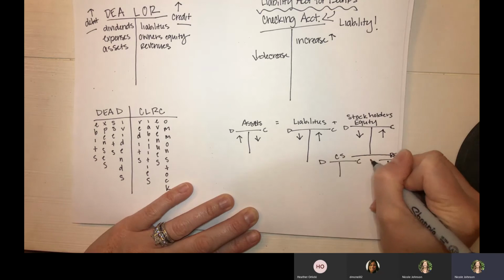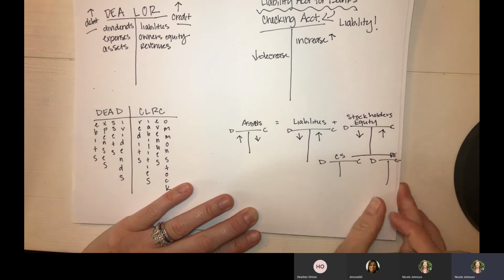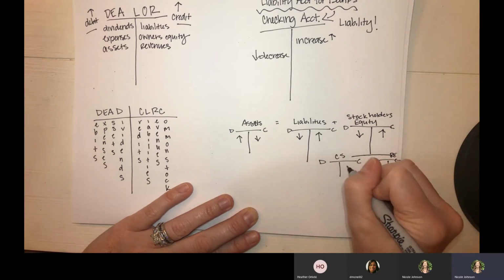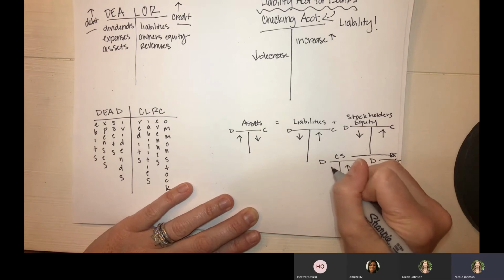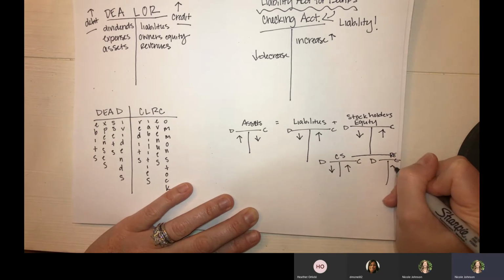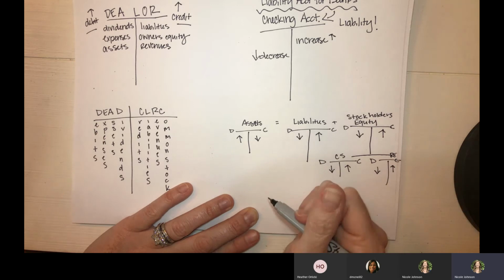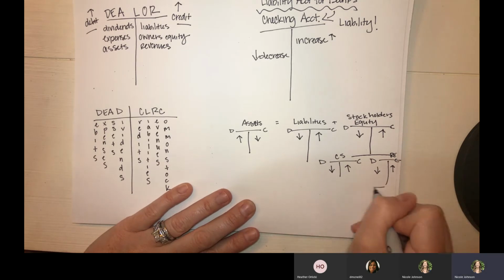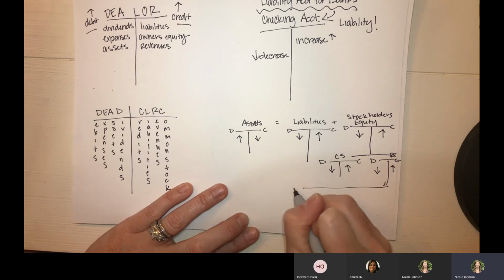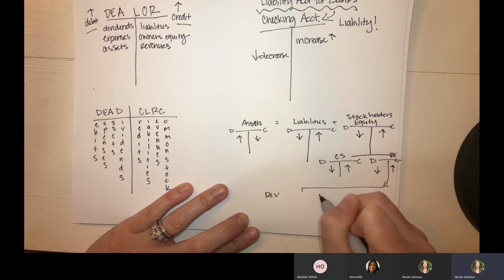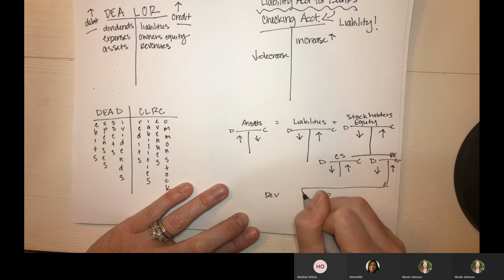Again, debits on the left, credits on the right, always, always. So common stock increases with a credit, decreases with a debit. Retained earnings increases with a credit, decreases with a debit. And then over here, we've got revenue, expense, dividend.